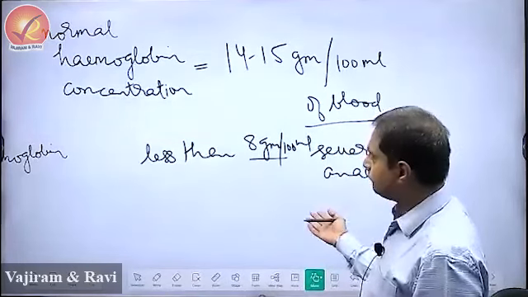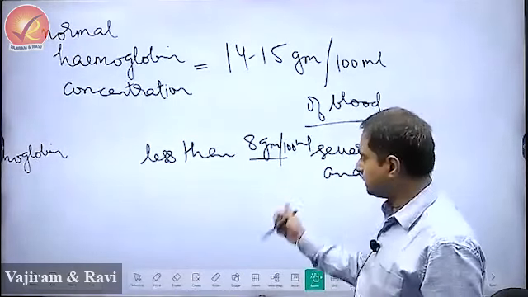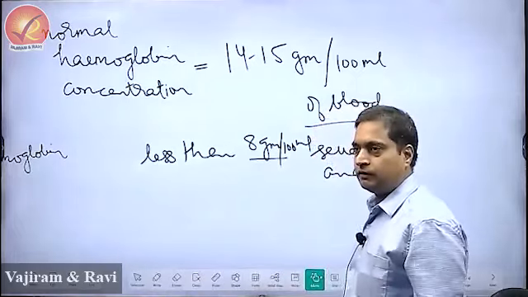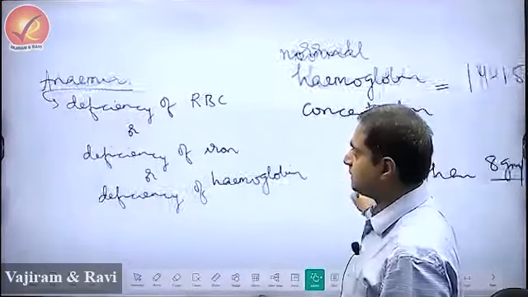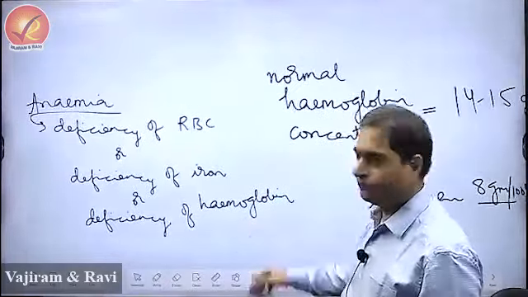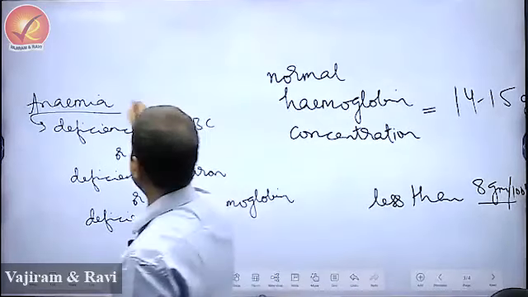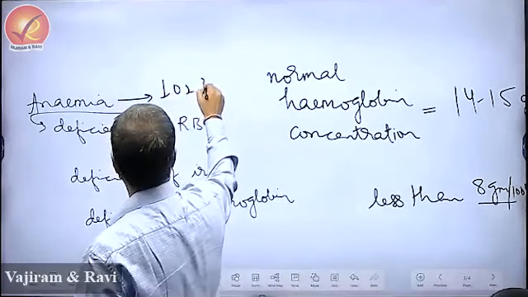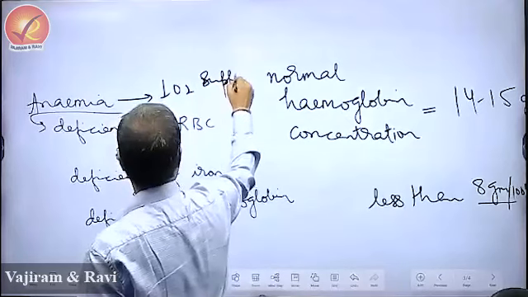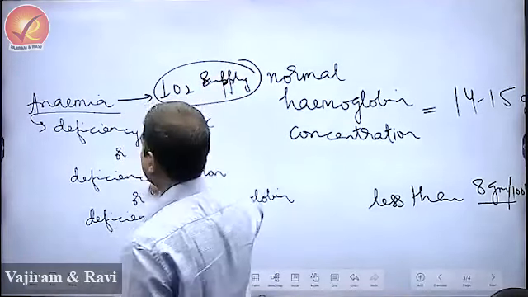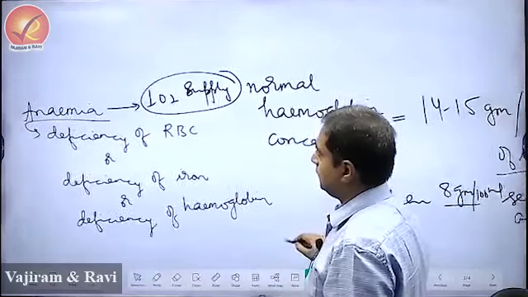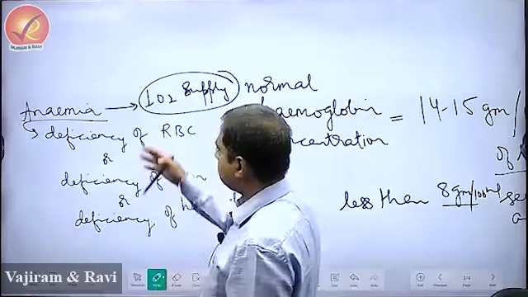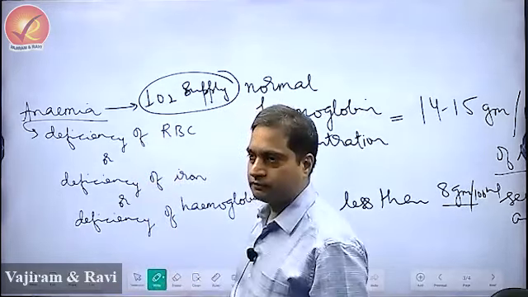Because if you have this form of anemia where the hemoglobin level has come down to less than 8, then immediately your oxygen carrying capacity will get affected in the body. So this reduces oxygen supply to your body significantly.